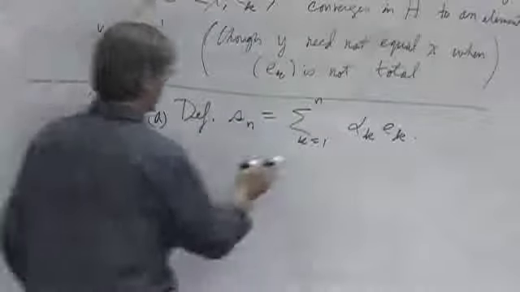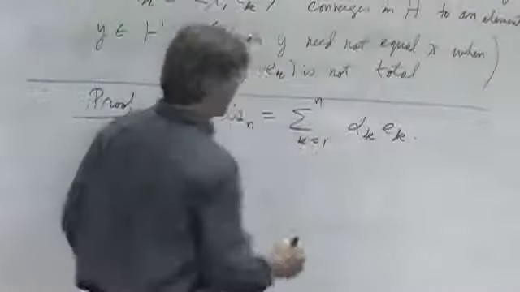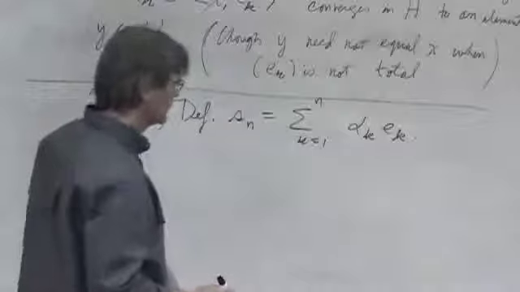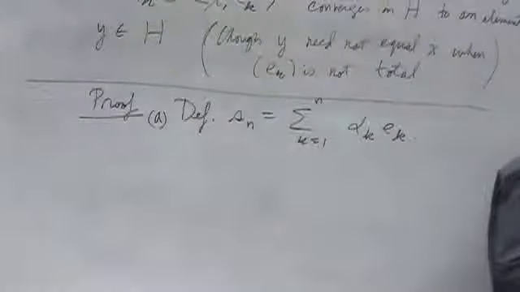Now I'm just going to go ahead and show that this is a Cauchy sequence if and only if the sum of the squares of the alphas converges.